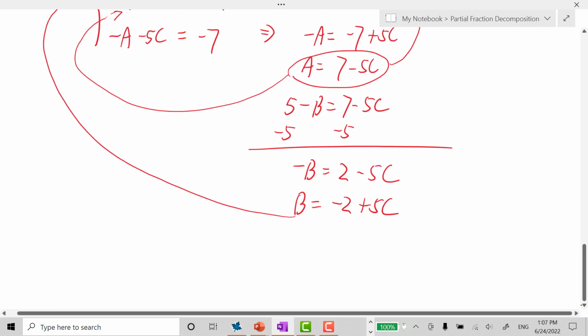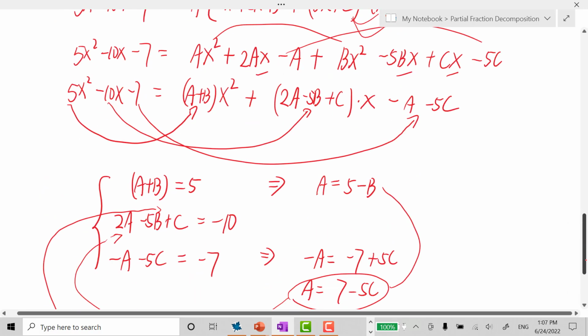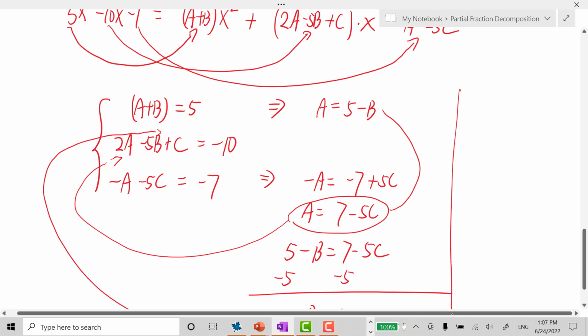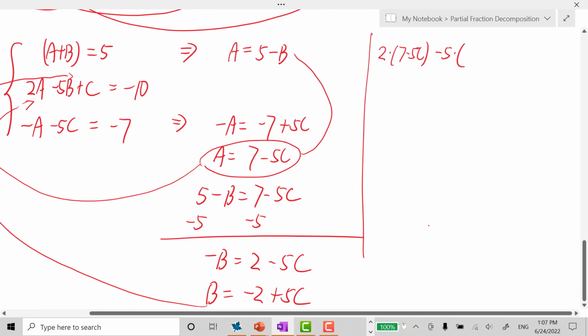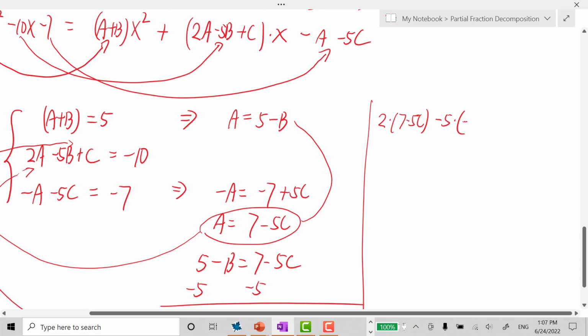So now we get 2 times 7 minus 5c minus 5 times negative 2 plus 5c, adding c.